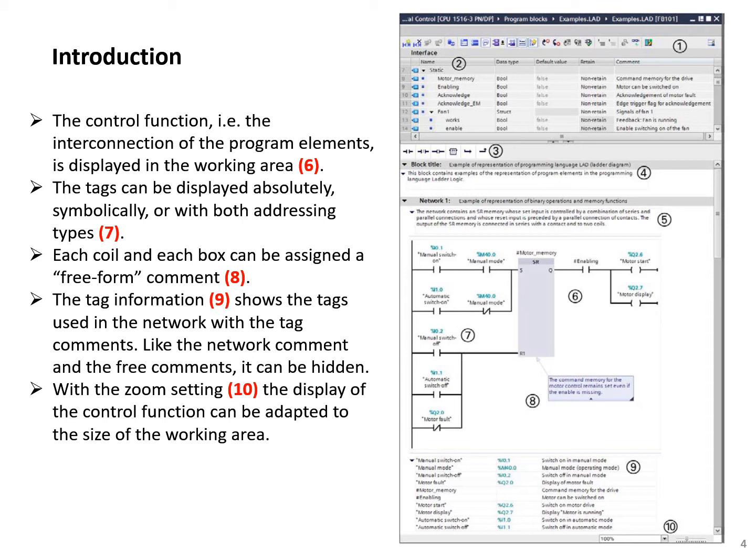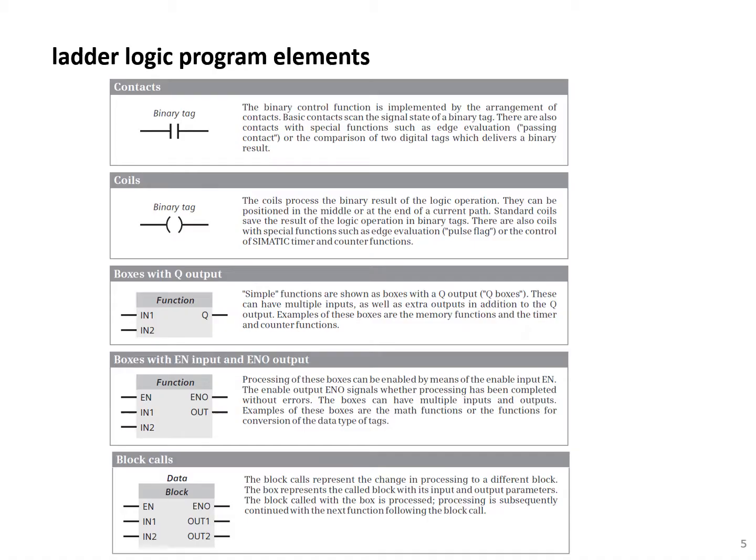This is an introduction, a very good reference point. Later, when you go through the example, once you have your TIA Portal installed, you can come back to these slides and review what the components of the programming environment are.